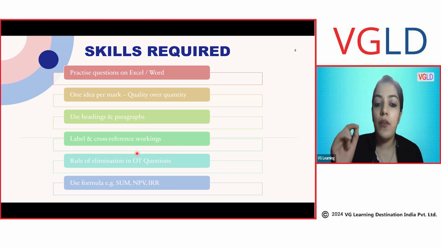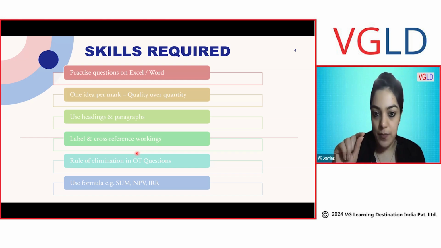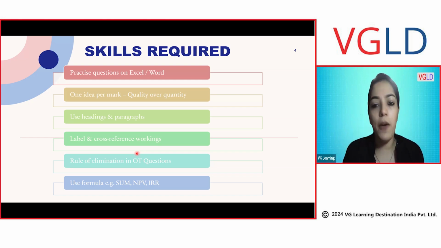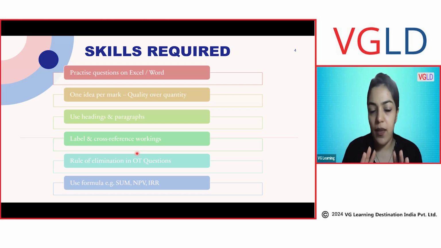So follow the rule of elimination. You read a particular point, okay, point D is saying this and this, and you realize that this in no form and manner can be the right answer. So you eliminate it. Then you read point A, you feel that, okay, even I'm not able to figure this out, this should not be the right answer.